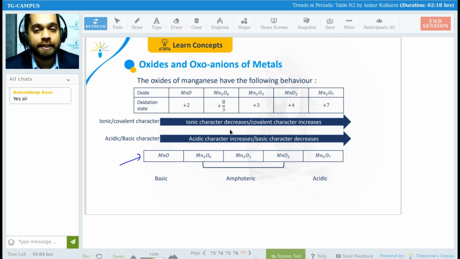As the oxidation state increases, the acidic character also increases. Come on, write it down, and write down the example also. And tell me done in the chat box.